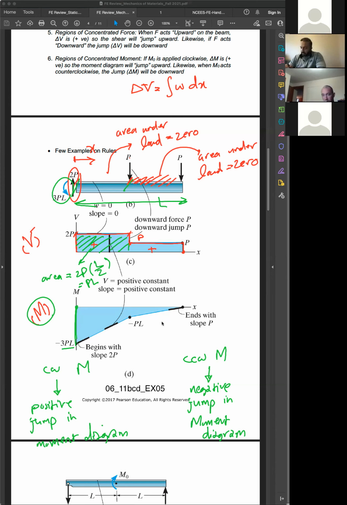So the area here would be 2P height, length would be L over 2. So 2PL over 2 would be positive PL. So you're at negative 3PL plus PL, you're going to end up with negative 2PL. You got here negative 2PL. Order of this line is 0. Order of this line is 1. So you go with this straight line.